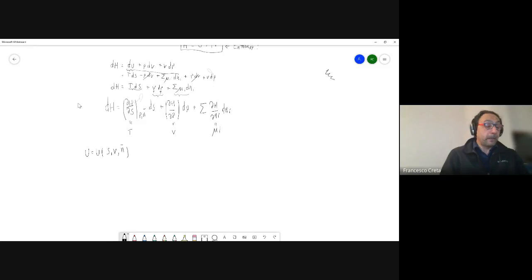Essentially we define the Legendre transform, which we call, for example, G, as a function of the slopes in the plane S and V. So essentially here we have dU/dS and dU/dV.